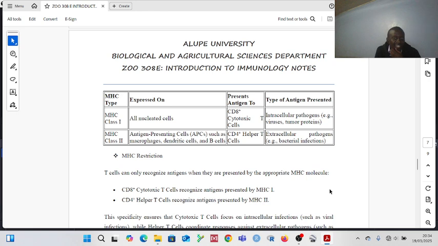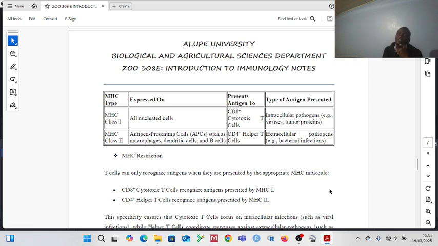Then the MHC class 2 will present antigens to CD4 helper T cells. So MHC class 1 presents antigens to CD8 cytotoxic T cells, while MHC class 2 presents antigens to CD4 helper T cells. The antigens that are presented by MHC class 1 are intracellular pathogens. The antigens that are presented by MHC class 2 are extracellular pathogens.